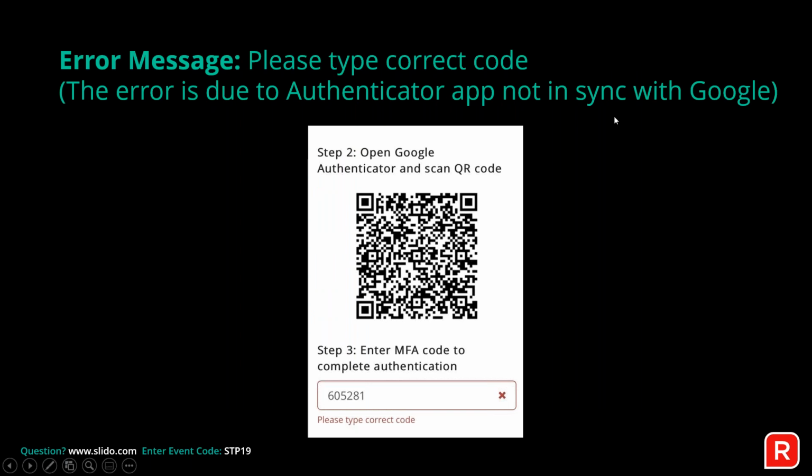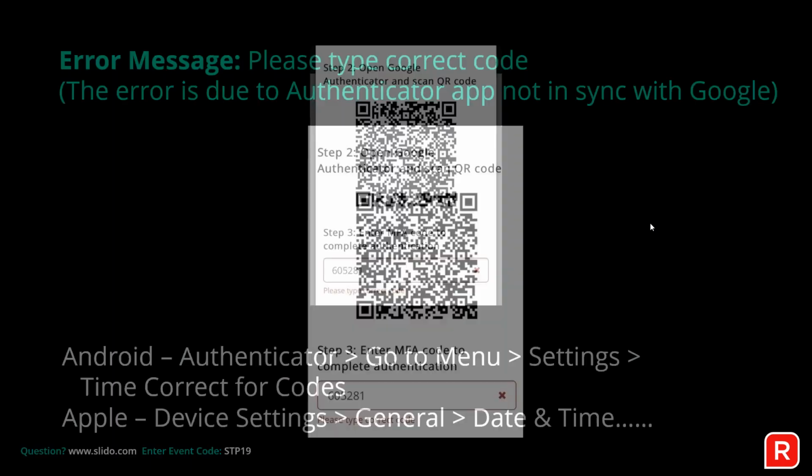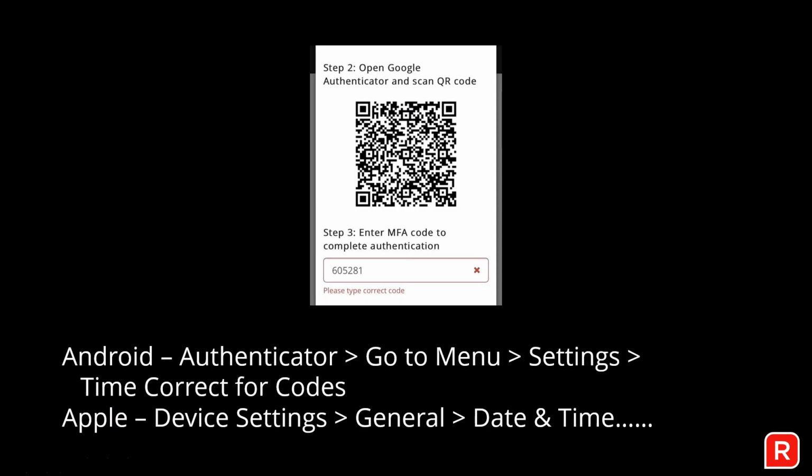When using the Google Authenticator, you might find after you enter in your security code, you get the message, please type correct code, and it is the correct code that you've entered. So the problem here is the timing system, that your device's timing system is not in sync with the Google server timing system. So you'll need to reset that.